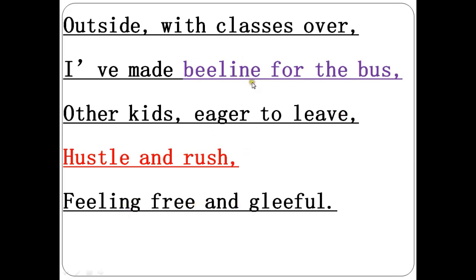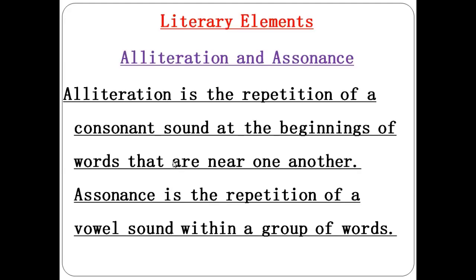You can see beeline for the bus in the highlighted form, while hustle and rush also. So these are two idiomatic expressions which have different meaning than literal meaning. I hope you would have got the point.